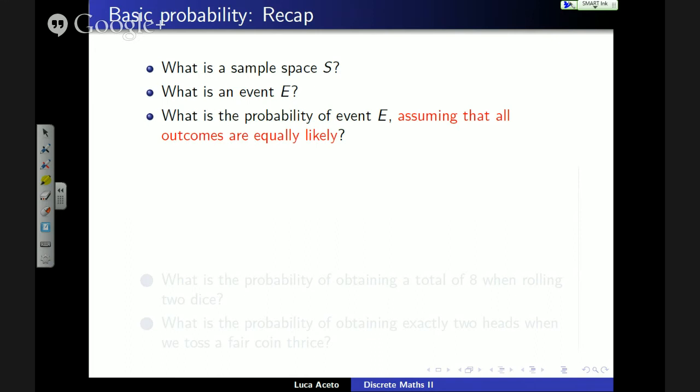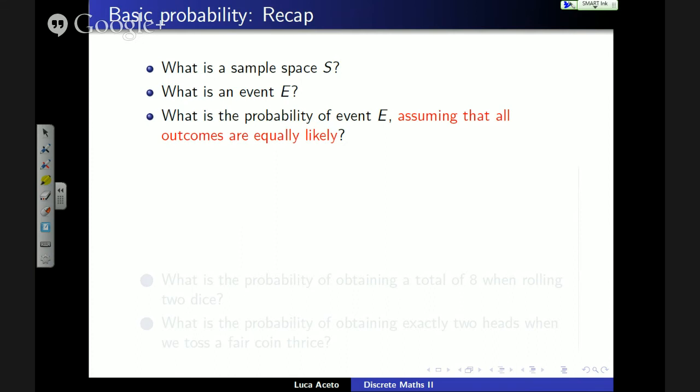Now, what you've seen so far, I believe, is the theory of probability where all of the possible outcomes are equally likely. So for instance, if I have a fair coin, I toss it, the probability that I get a head is a half. The probability that I get a tail is a half.